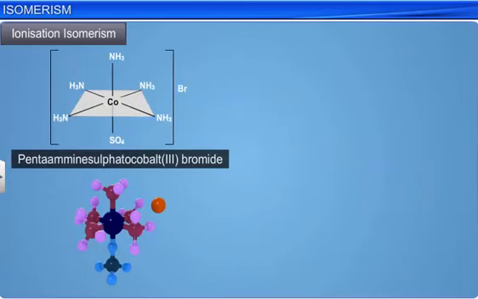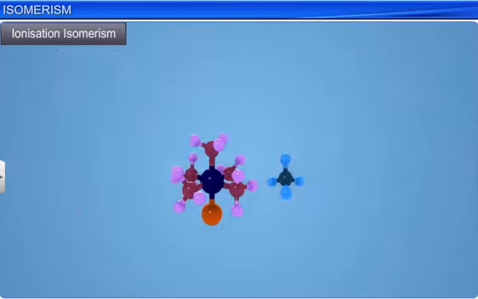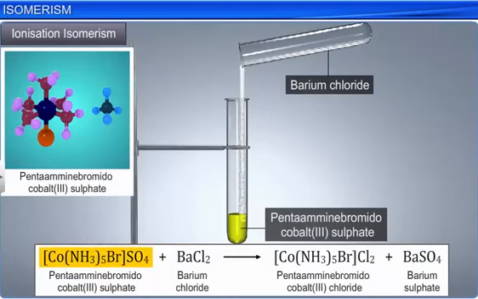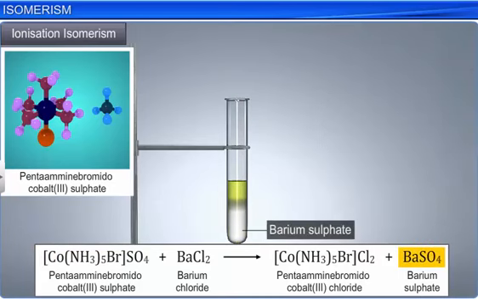The first isomer gives a white precipitate of barium sulfate with barium chloride solution, thus confirming the presence of free sulfate ions. By contrast, the other isomer does not give a positive sulfate test.